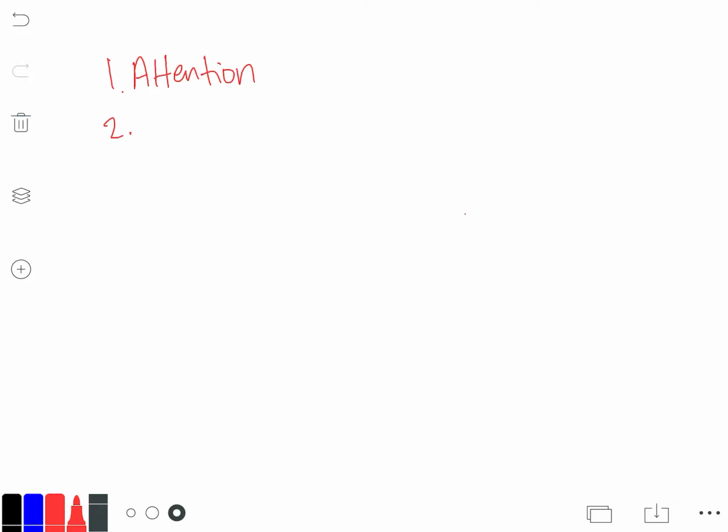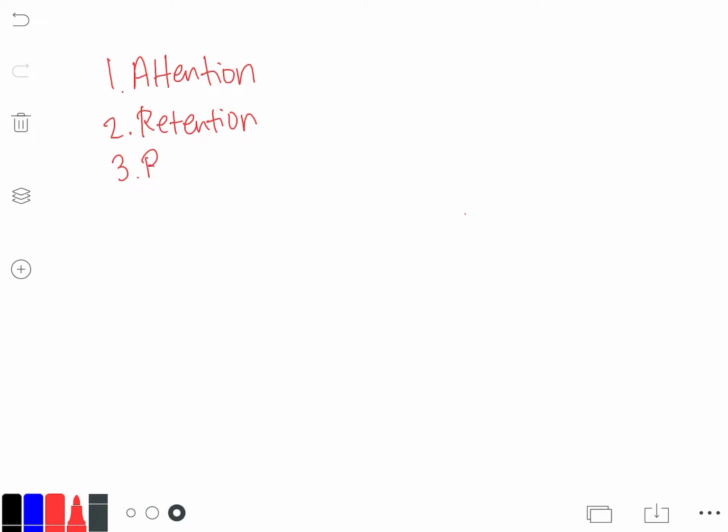Number 2 is retention. So when it comes to paying attention to the behavior, then the person has to remember what was noticed. They have to form and store some sort of mental representation of the behavior that's going to be imitated. So they have to retain it.